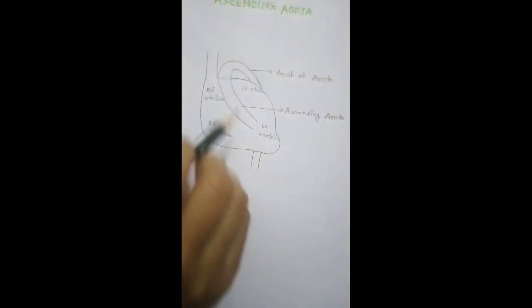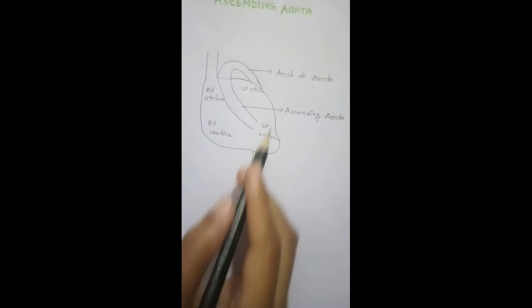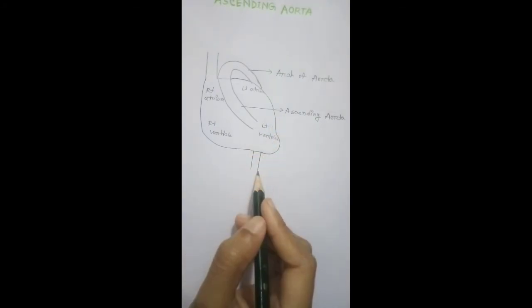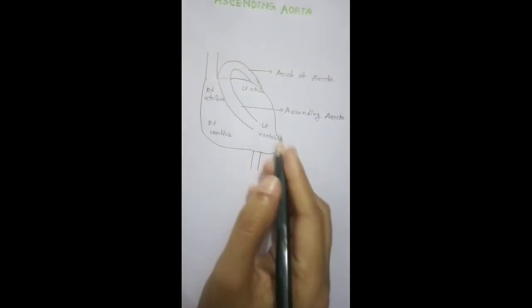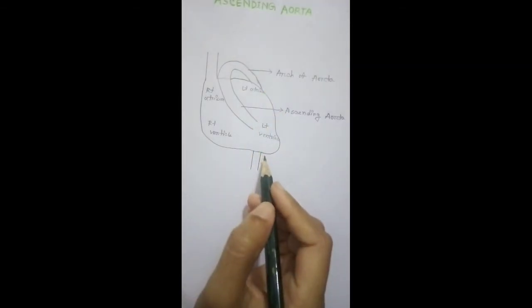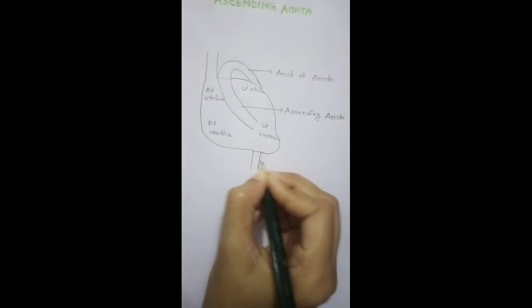Now, the arch of aorta descends behind the heart up to the lower part of abdomen. The part which descends behind the heart is called descending aorta.